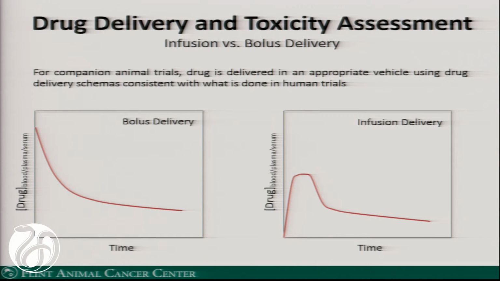So I think that this ability to do slow infusions, and I'm not talking 24-hour infusions, I'm talking 10 to 15-minute infusions, things you can do in these animals, again, is much more PK-like what you would see in a person, given doxorubicin 10 to 20 minutes like we do in the dog, versus the bolus dose that gives you higher peak levels, which can have more toxicity and have nothing to do with efficacy.